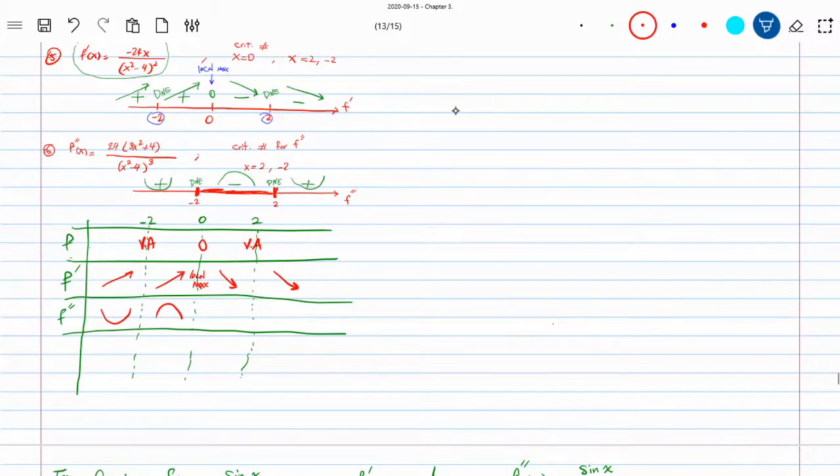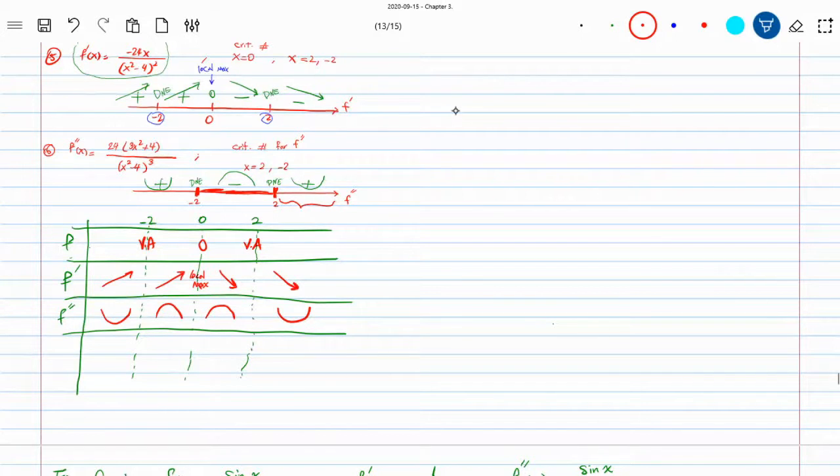So here is concave down, here is still concave down, between -2 and 2. And 0 is still concave down as well, but I'm just trying to discuss it in each section. From 2 to positive infinity, the function is concave up.